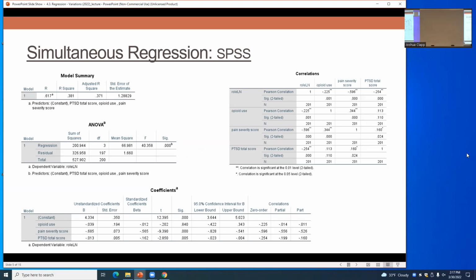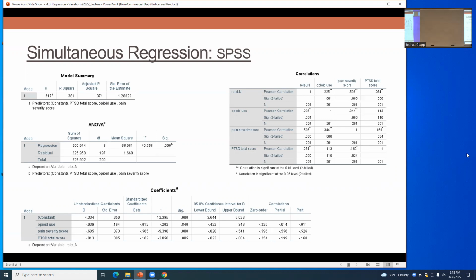Okay. Here we have our standardized coefficients. Remember that these are interpreted as standard deviation units. So if I'm looking at my pain severity score, I'm saying that for every 1 unit increase in pain severity, I'm getting a 0.685 unit reduction in the natural log of role functioning.